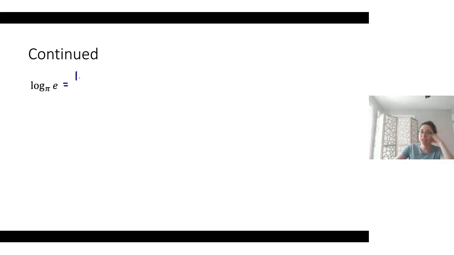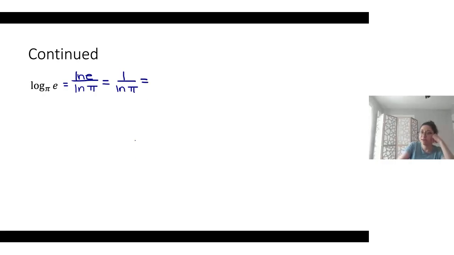So using the change of base formula, this would be ln of e divided by ln of pi. I already know the natural log of e is 1 by definition. So this is 1 over the natural log of pi.